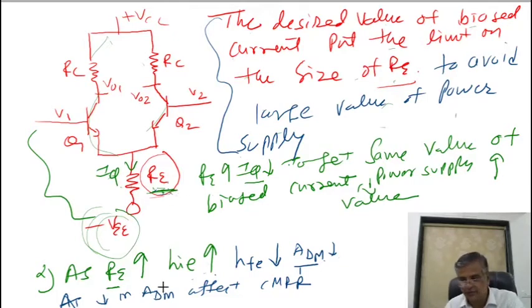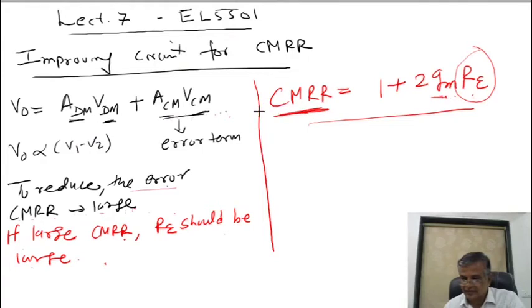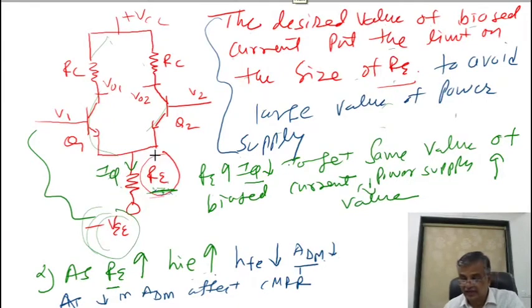Again, last time I am telling you, we have seen that to reduce the error, CMRR should be large. To get a large value of CMRR, RE should be large. If you want to get a large value of RE, then these two problems arise.